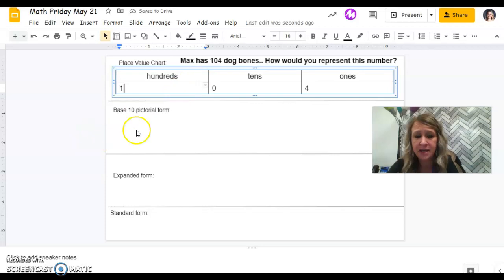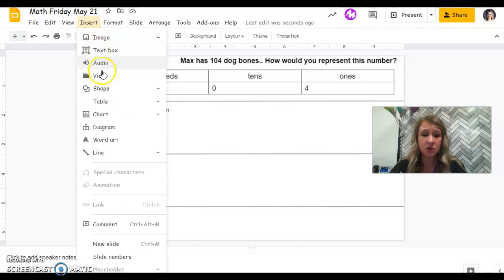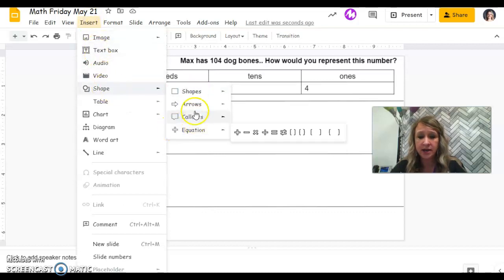104. Now we're going to use our base 10 pictorial form. Who remembers, or can help me remember, what the base 10 block was for the 100? Was it the little bitty cubes? Was it the long skinny ones? Was it the big squares? Yes, it absolutely was the big squares. You are correct.